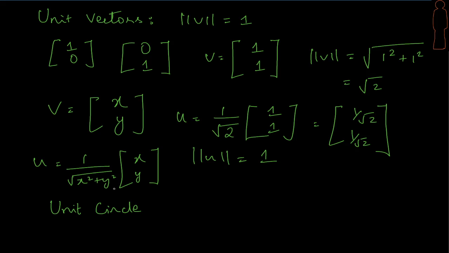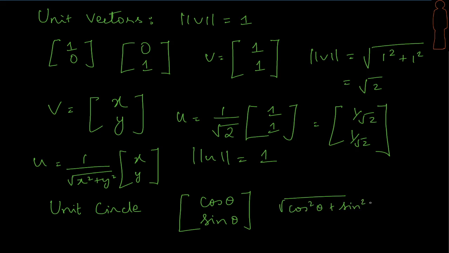So when we look at the unit circle, we can also look at this kind of format for unit vectors. Pick up any theta and fill this up. Any cos theta, sin theta pair will always form a unit vector, right? The reason is that root of cos square theta plus sin square theta, for any theta, is going to be 1, and therefore this will always form a unit vector.